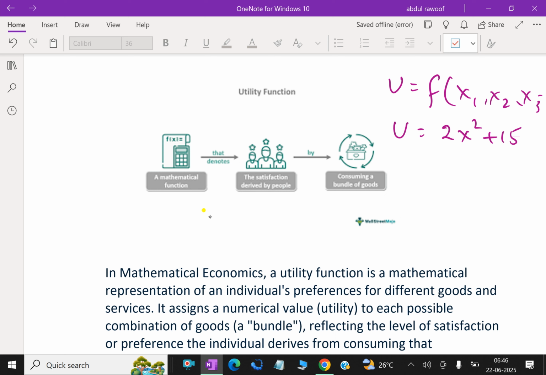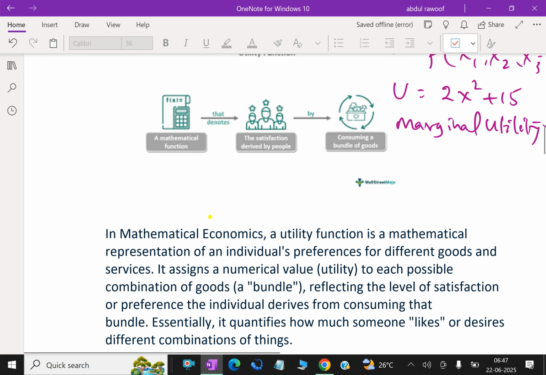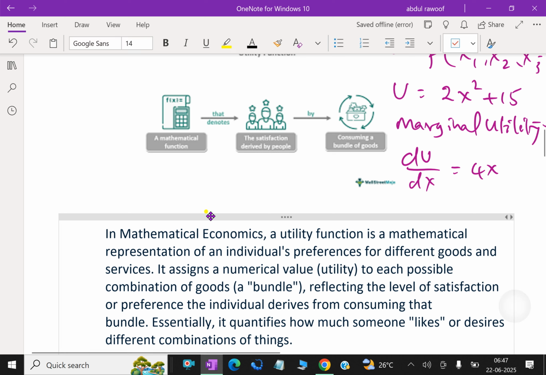Marginal utility is found by differentiating u with respect to x, that is du by dx, which is equal to the differentiation of x squared, which is 2x, and the differentiation of 15, which is 0. So, marginal utility is 2x.